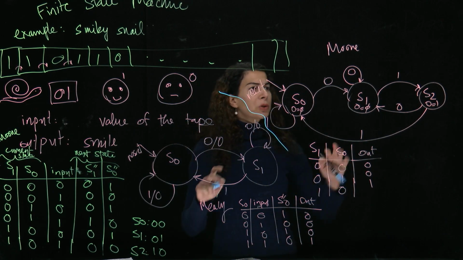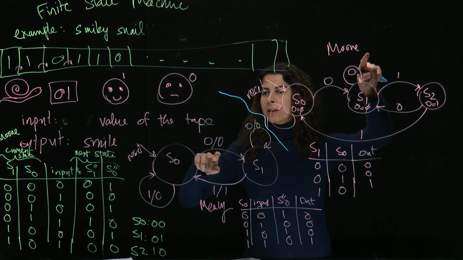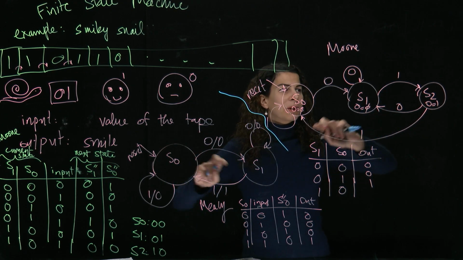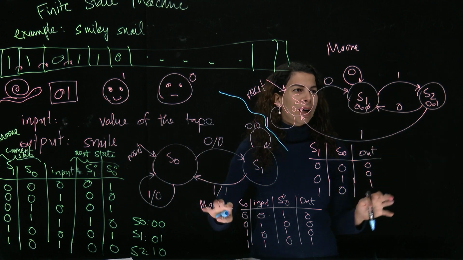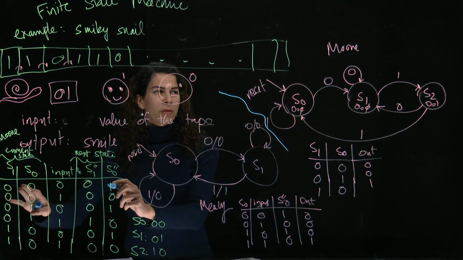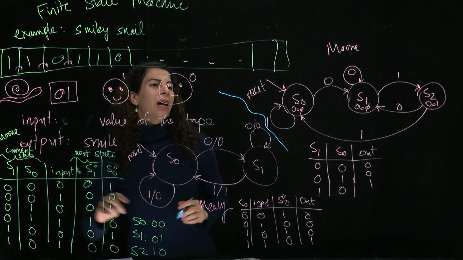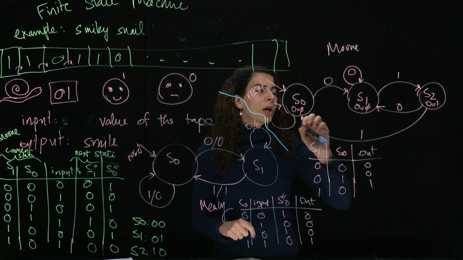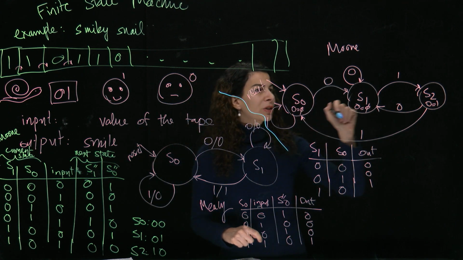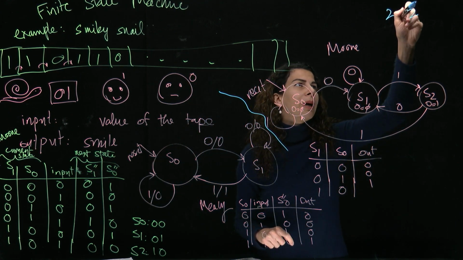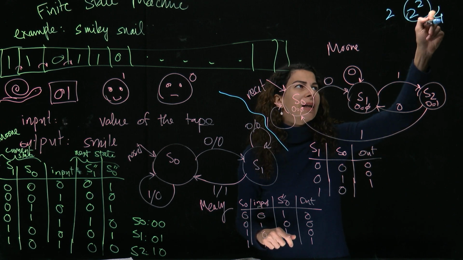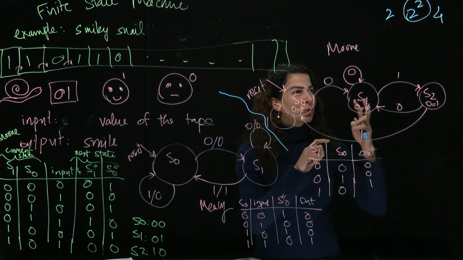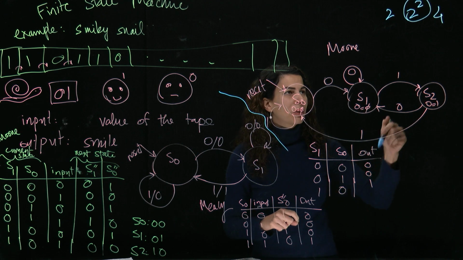Okay, so we have 2 finite state machines. One is the Moore, the other one is Mealy, and because this board is very crowded, I decided to put my Moore finite state machine actually on this side. So here we have 3 states, so we need at least 2 registers which generate 2 to the power 2, or 4 states, because 2 states with 1 register wouldn't be enough.